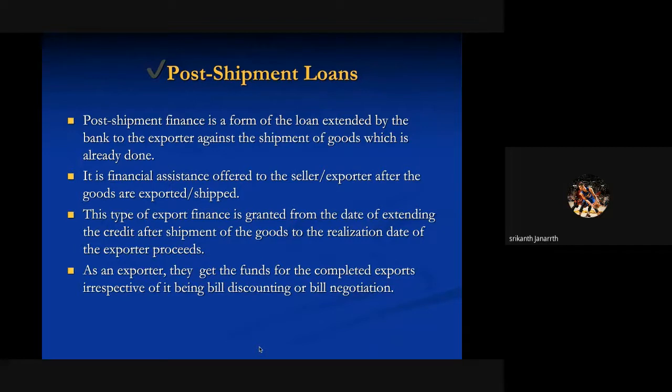Under the post-shipment facility, it is granted once the exporter has done the shipment and has the documents; he comes and sells the documents to the bank. If the documents are perfect, the bank will pay in advance, and the bank will wait until maturity to collect from the importer. So these are the two facilities granted for the exporter, pre-shipment and post-shipment.